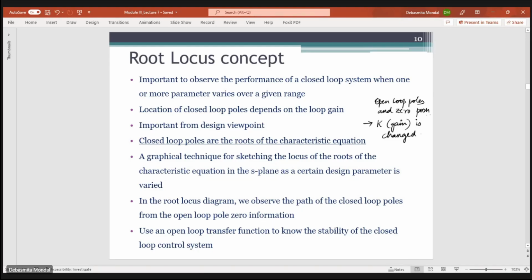So every time we don't need to write the characteristic equation for each value of k and then solve it and find out the corresponding stability.